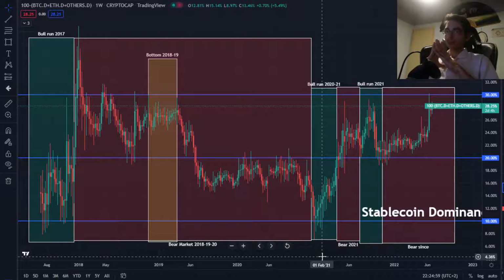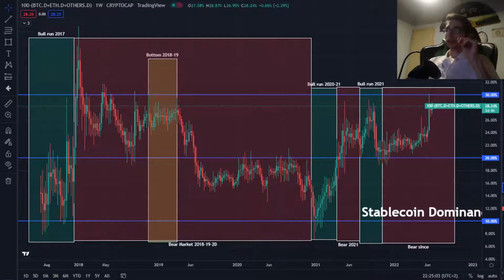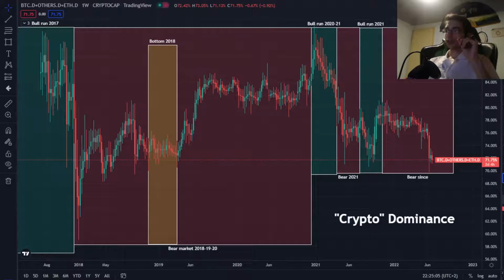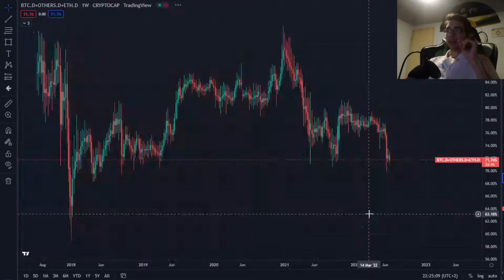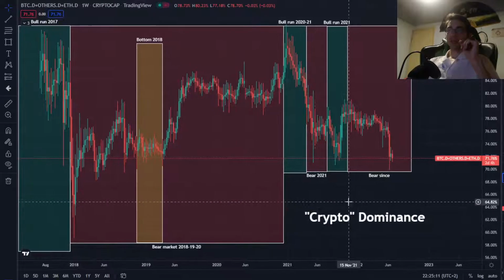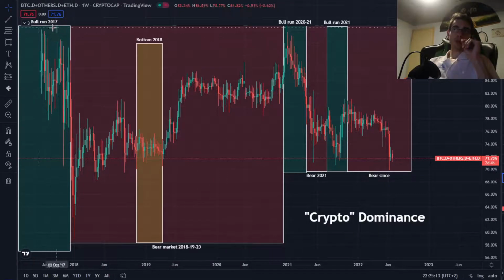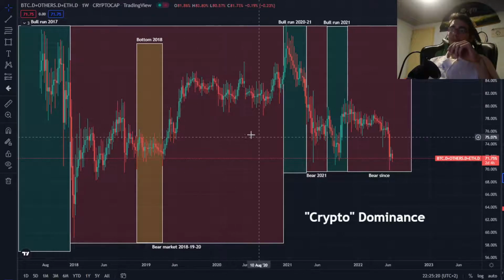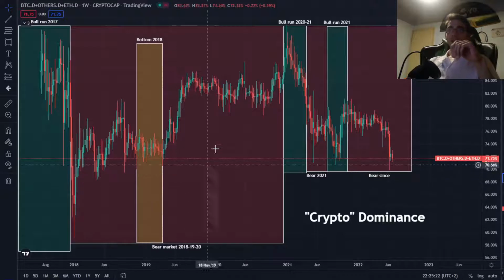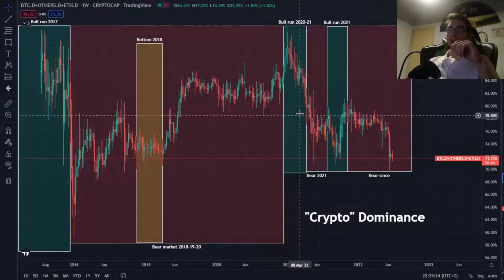So what I did here is I put these two dominances in comparison, and as you can see, I put the bull run of 2017 until the peak. I divided this chart into bull, bear, bull.